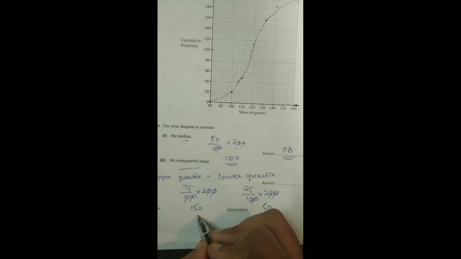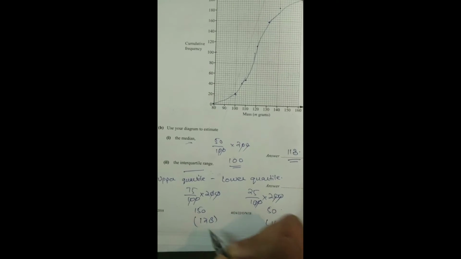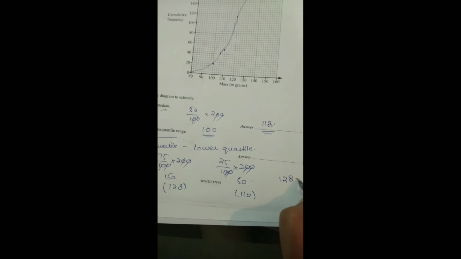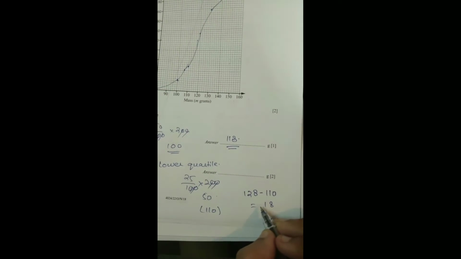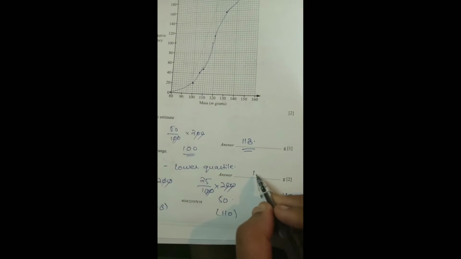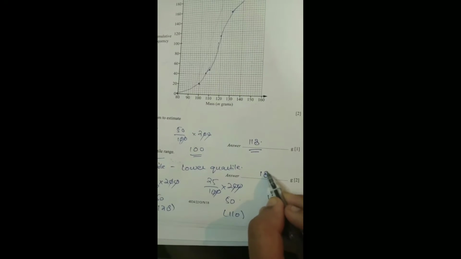Here we will subtract the two. So 128 minus 110, that would be 18. So the interquartile range is 18 grams.